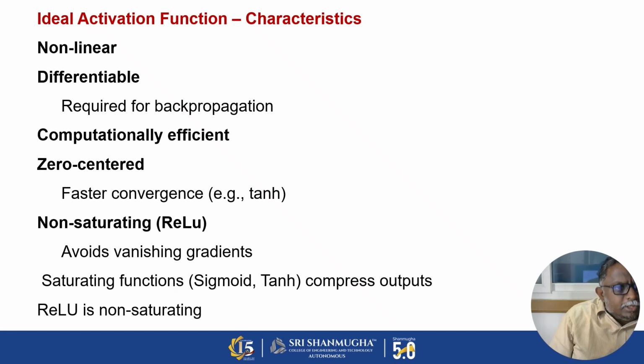It should be differentiable, so that we can update the weights in backpropagation neural network systems. It should be computationally efficient, and it should be zero-centered. If you have a zero-centered one, most of the gradients are going to be nearer to 0, then it converges very fast. That's why it can be used in RNN.